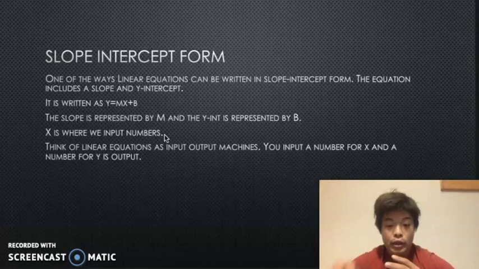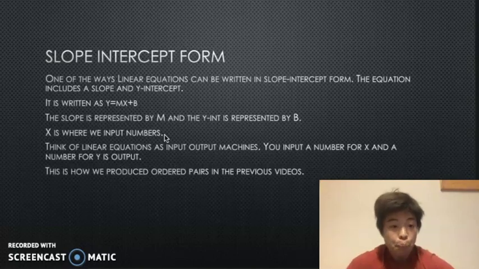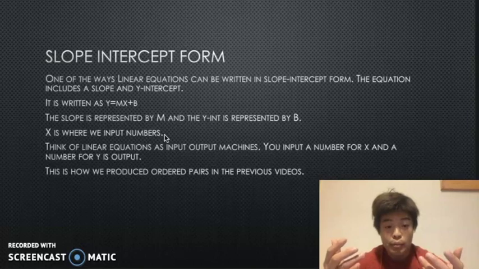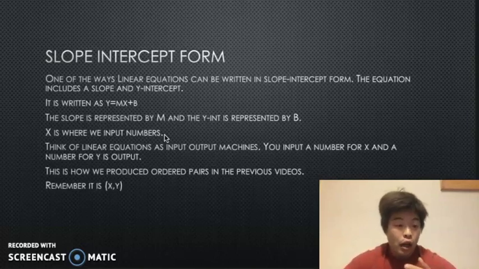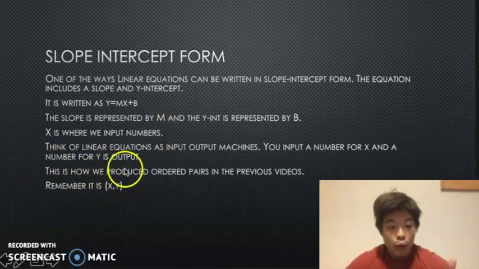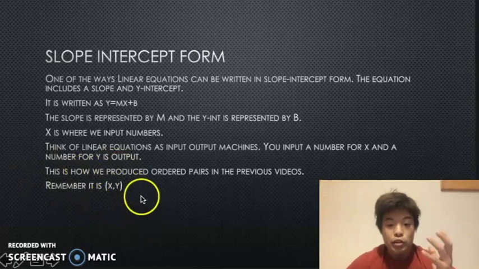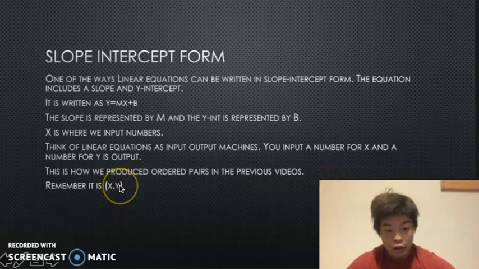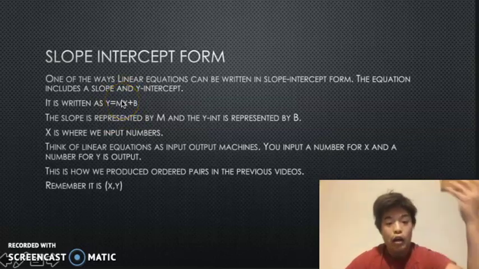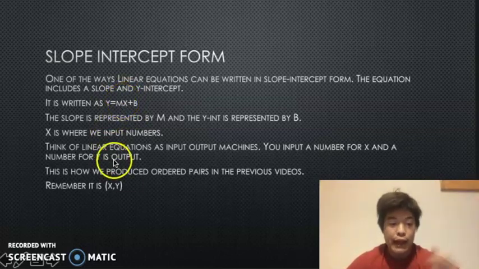When we look at an ordered pair, I want you to read it as: when x equals something, y equals something. That is produced when we input a number for x, apply the rules to it, and then another number y is produced, and that gives us the ordered pair, the coordinate point x, y.